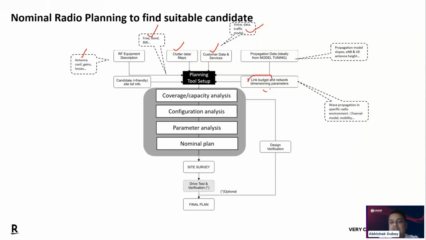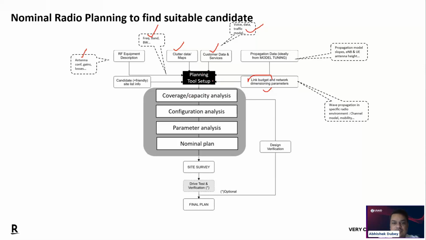Based on the link budget and all the parameters, you will feed all this detail into the planning tool. That could be Atoll or any other tool, whichever you are following.